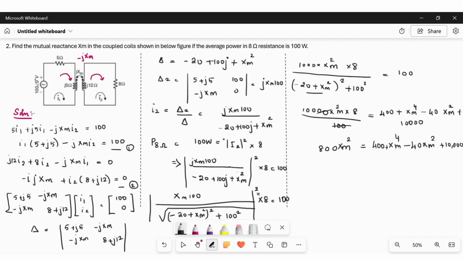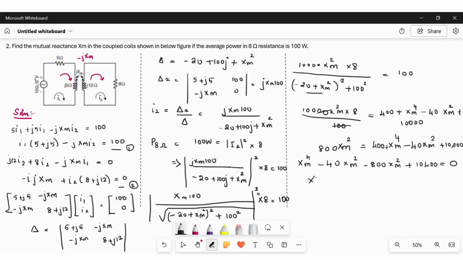Bringing all the terms to one side, we will get XM power 4, minus 40 XM square, should be plus, then minus 800 XM square, because we are bringing it to the left hand side. Then adding these two terms, 10,400, which is equal to 0.